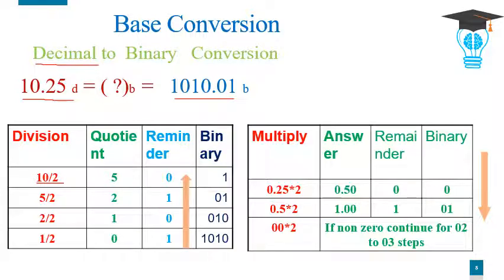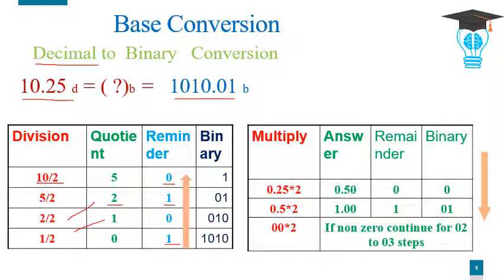I will get a quotient of 5 and the remainder 0. Next, that 5 again I will divide by 2. It will go 2 times, but the remainder will be 1. Again this 2, I will divide by 2. It will go once and the remainder is 0. This 1 again I will divide by 2. It goes 0 times, but the remainder is 1.